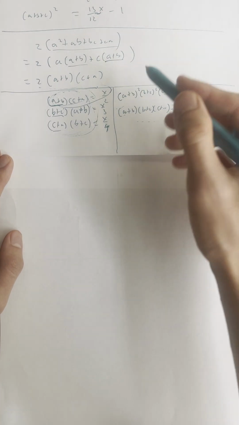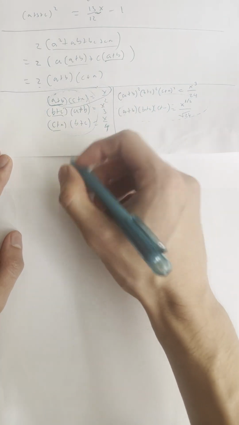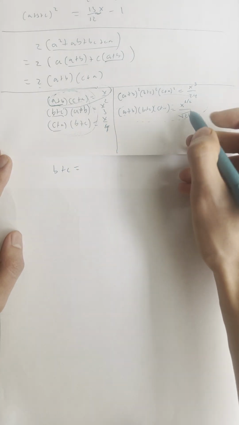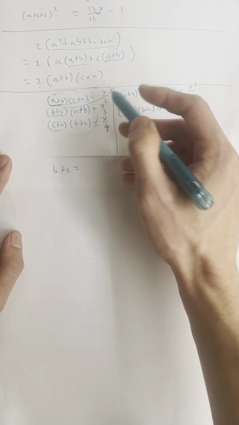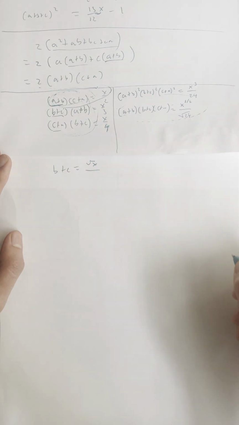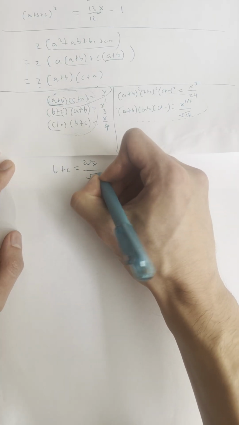Okay. So this equation divided by this equation gives us b plus c is equal to this times 2 over x, so that's root x over 2 root x over root 24.